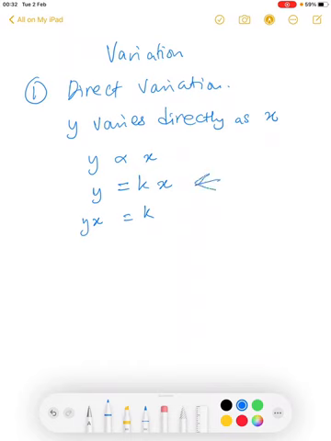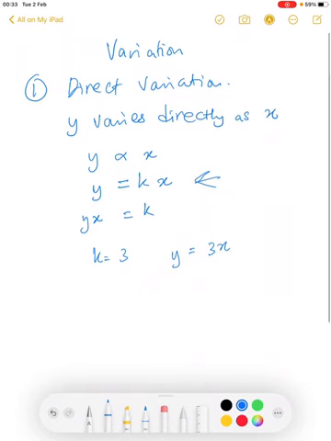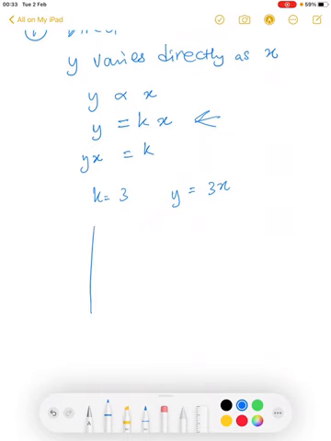Let's say your k is equal to 3, so your equation is y equals 3x. The graph of y against x must be a straight line that passes through the origin. It can be going up or going down.